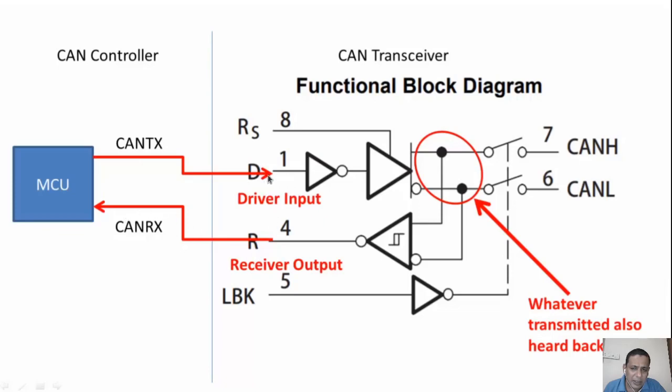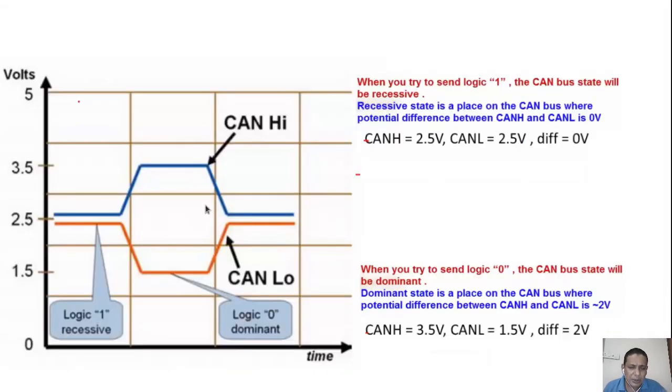So here the digital data we are converting. If the D is 0, you can see this is the logic 0. CAN high will have 3.5, and the CAN low will have 1.5, and the difference voltage is 2 volts.